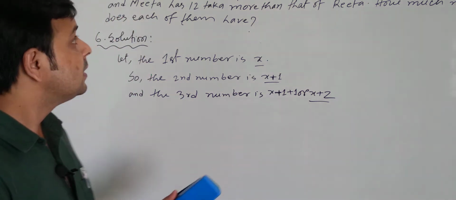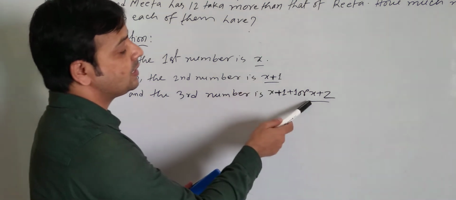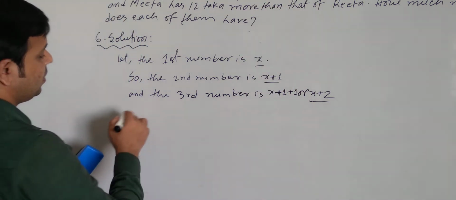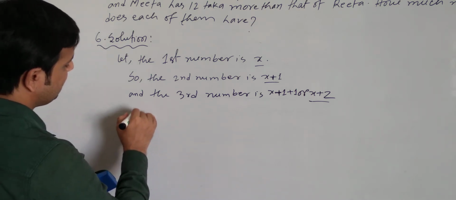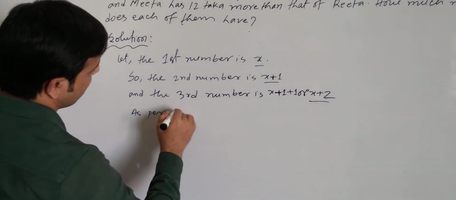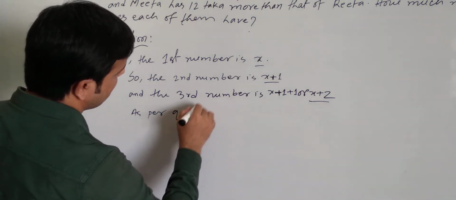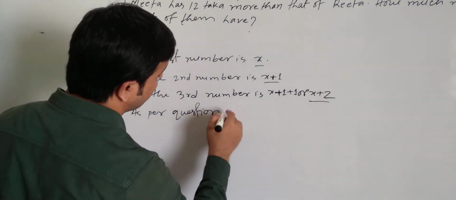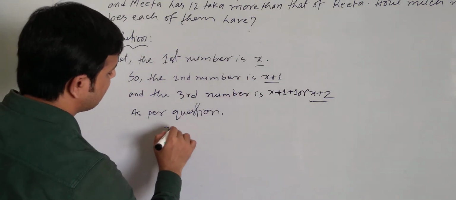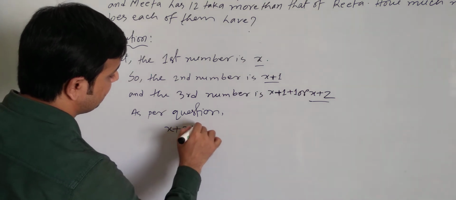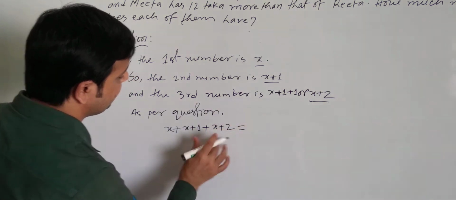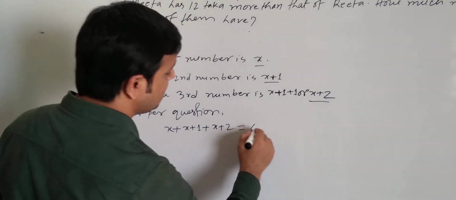Okay dear students, now the sum of these three numbers is given, that is 63. So we can write, as per the question, or according to the question: the sum of these three numbers, where the first number is x, the second number is x plus 1 and the third number is x plus 2, is 63.